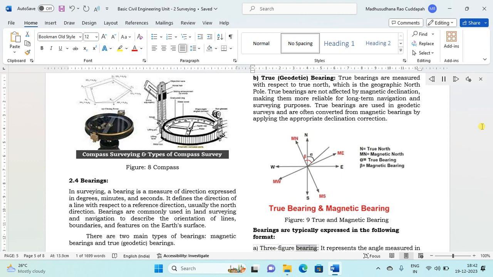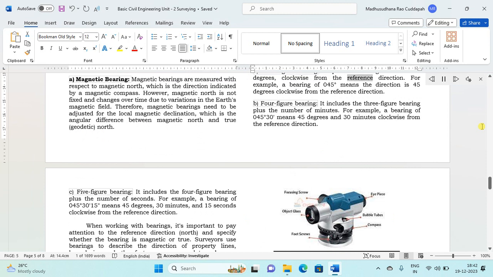A. Three-figure bearing. It represents the angle measured in degrees, clockwise from the reference direction. For example, a bearing of 045 degrees means the direction is 45 degrees clockwise from the reference direction. B. Four-figure bearing. It includes the three-figure bearing plus the number of minutes.